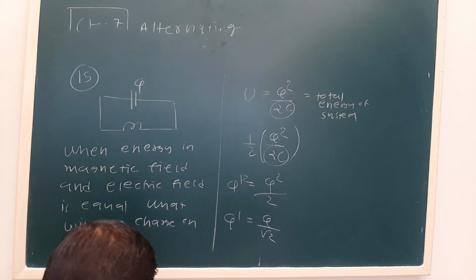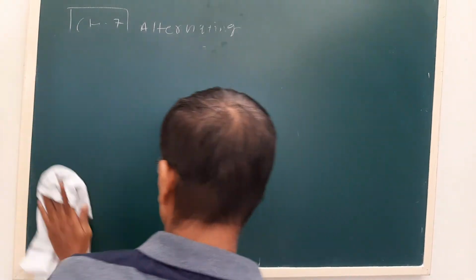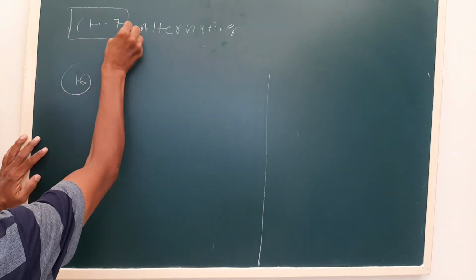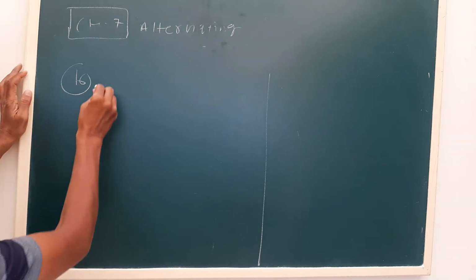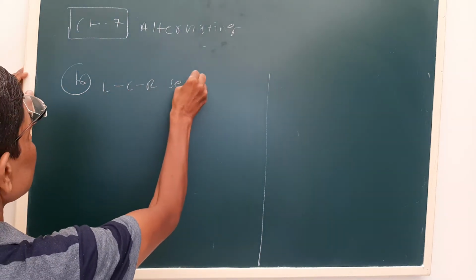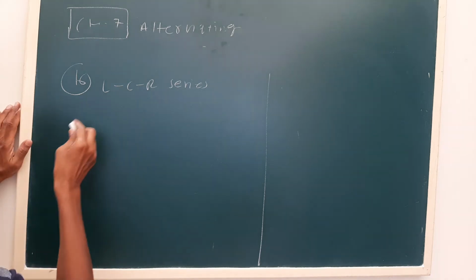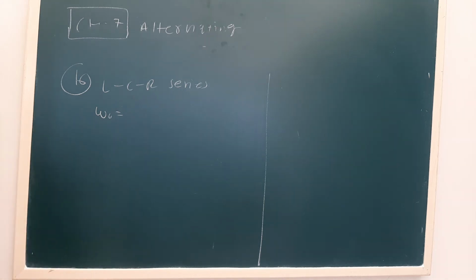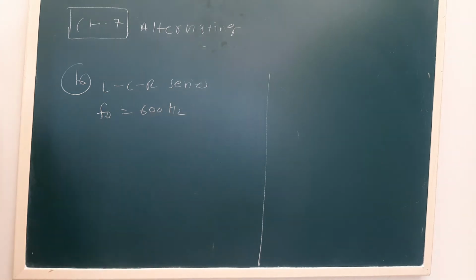Now see our next MCQ. Now in LCR circuit, the resonance frequency F0 is 600 Hertz.